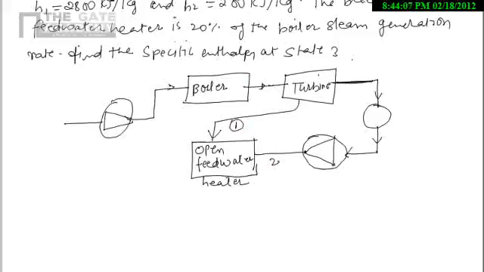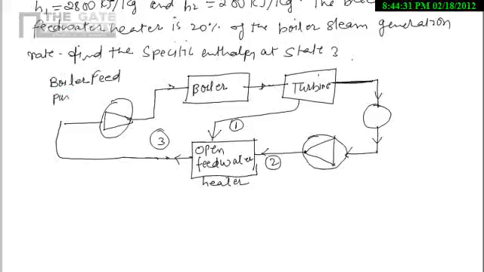Here that is stage 2, and the water leaving is stage 3. Now this water will be pumped into the boiler through this pump, the boiler feed pump. So from the diagram it's very clear, and we have the enthalpy at 1 and 2, and we are interested in 3.